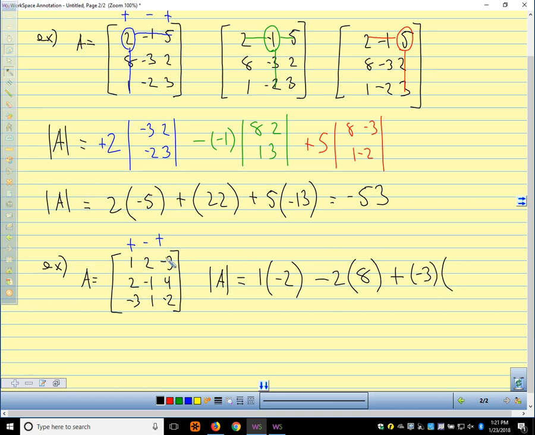And then I visualize crossing out that row and that column, 2 minus 3, negative 1. So we get a negative 2 minus 16, so negative 18 plus 3, negative 15. So the determinant of this matrix is negative 15.